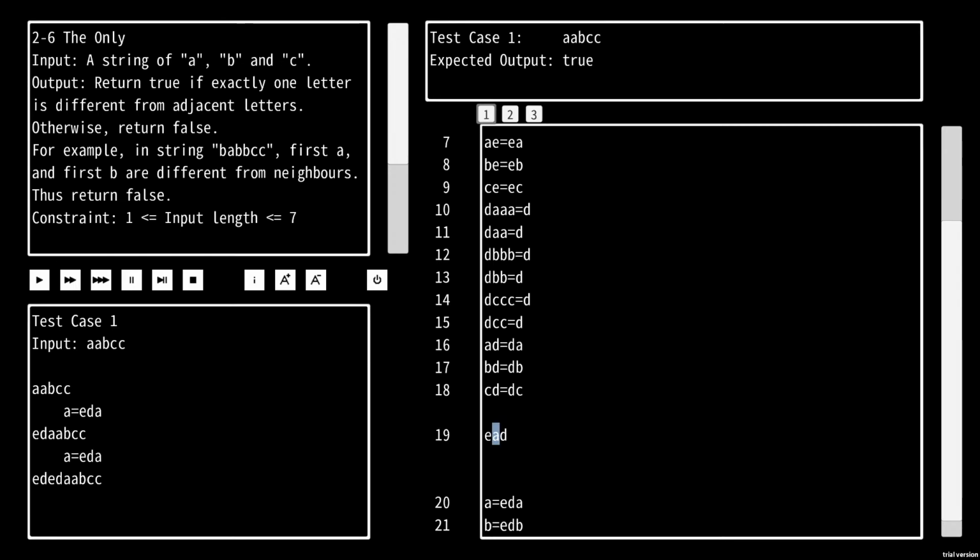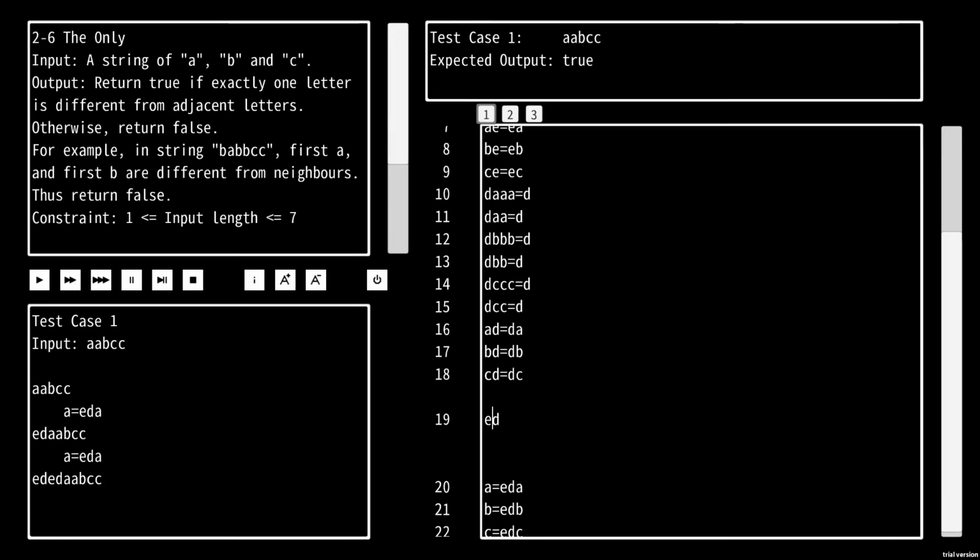If there's just one letter, so if it's just ED, then that's return true. No, it's exactly one letter. So ED equals false. EAD equals return true.